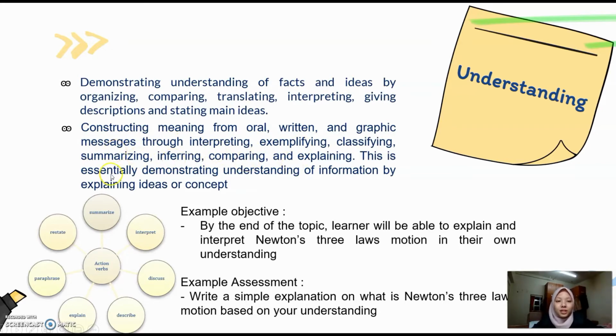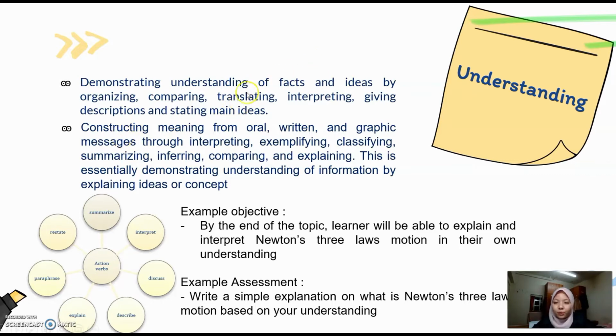This is essentially demonstrating understanding of information by explaining ideas or concepts. At this level, the learner needs to understand what they have learned before, what the topic is, and maybe give some description of the topic.